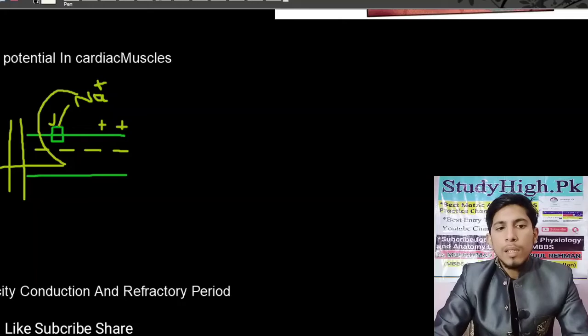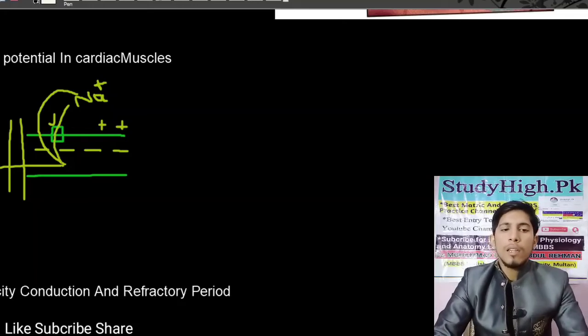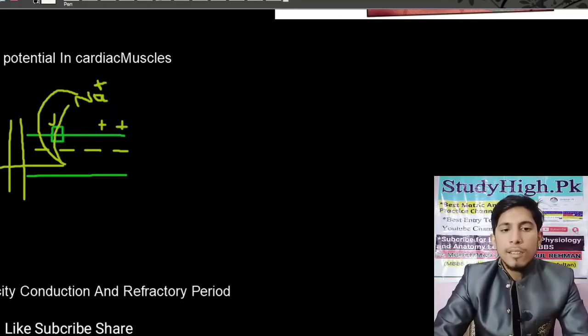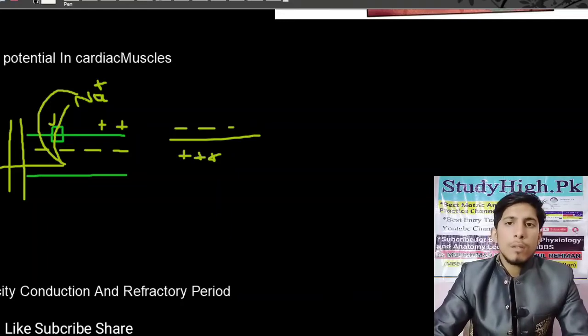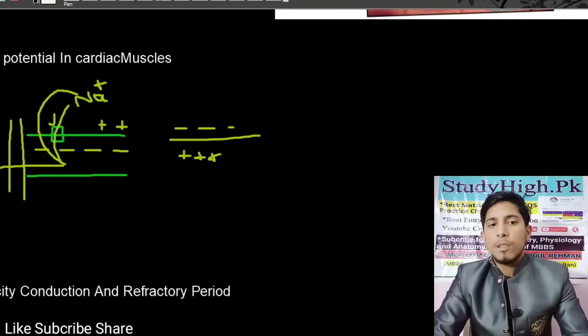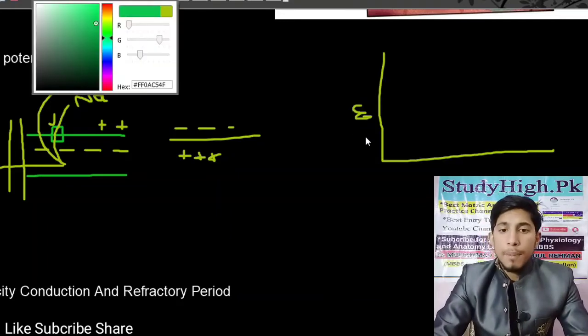Due to this large sodium influx, the inside voltage or membrane potential will become positive and the outside negative, and the membrane potential during the action potential will be plus 20 millivolts.